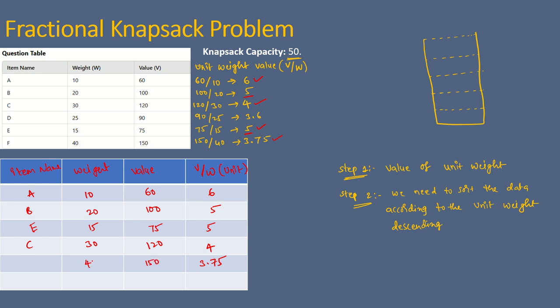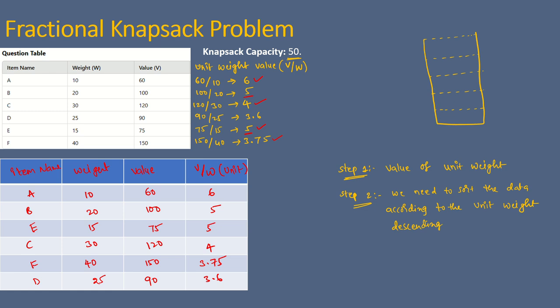Its quantity available is 40 units, and item name is F. And next one, 3.6, and the total value is 90, and 25 units of storage is there, and item name is capital D. So this is the way I have rewritten the given data into this format.